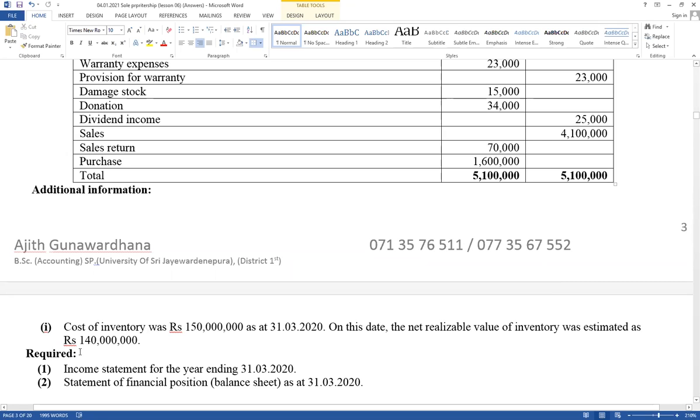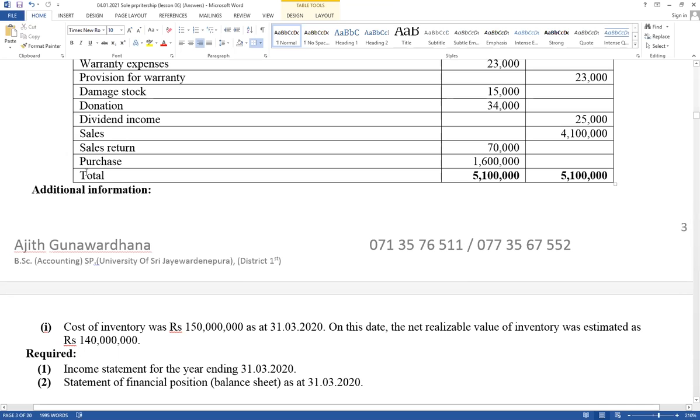I will discuss that later. And depreciation adjustment, EPF and ETF adjustment, damaged stock adjustment, goods sent on sale or return basis adjustment, prepaid expense and accrued expense adjustment. Those are the adjustments you have to know at this level.